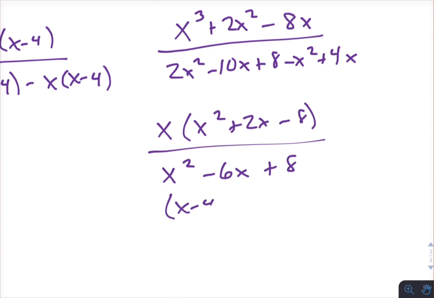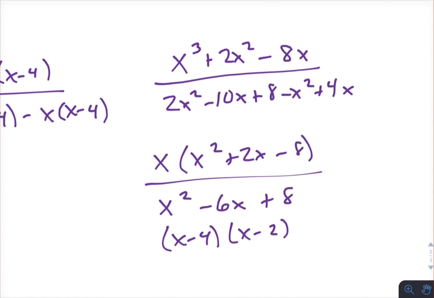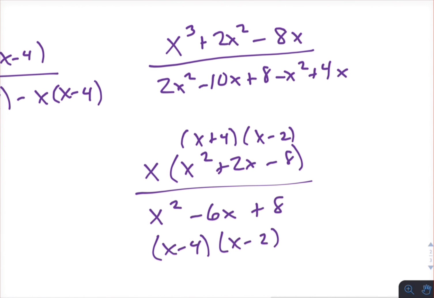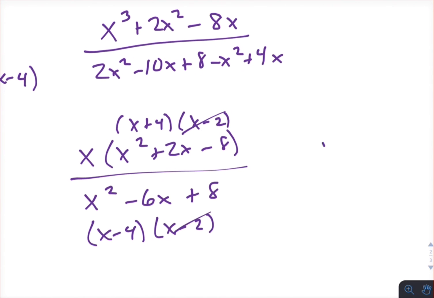So this is x plus 4, x minus 2. Cancel the x minus 2's. So what's left is x times x plus 4 over x minus 4.